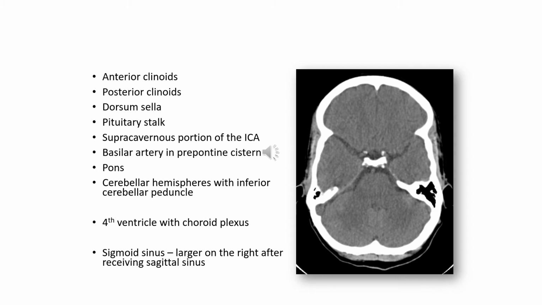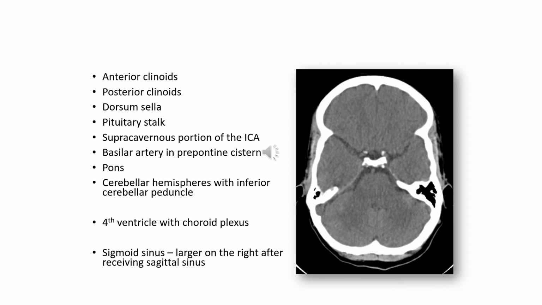The black arrows show the right and left sigmoid sinuses. So these are the extensions of the transverse sinus as they receive the petrosal sinuses, and these sigmoid sinuses are going to course through the jugular foramen to become the internal jugular veins.